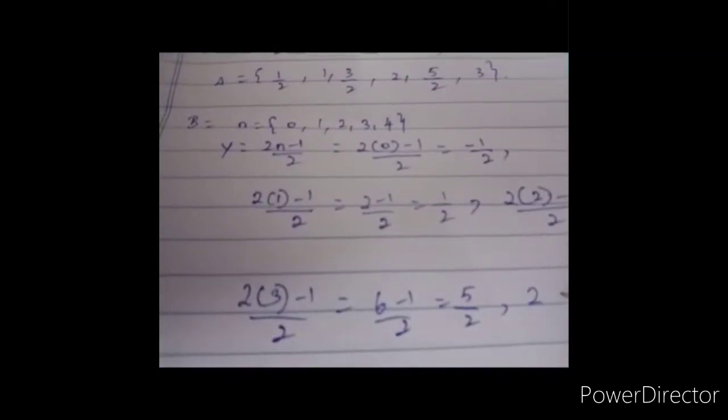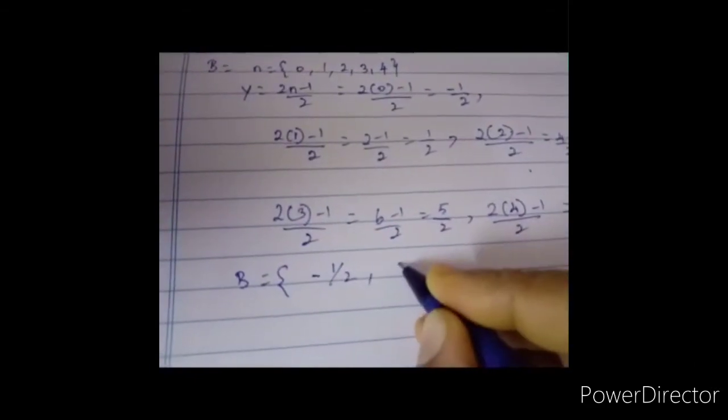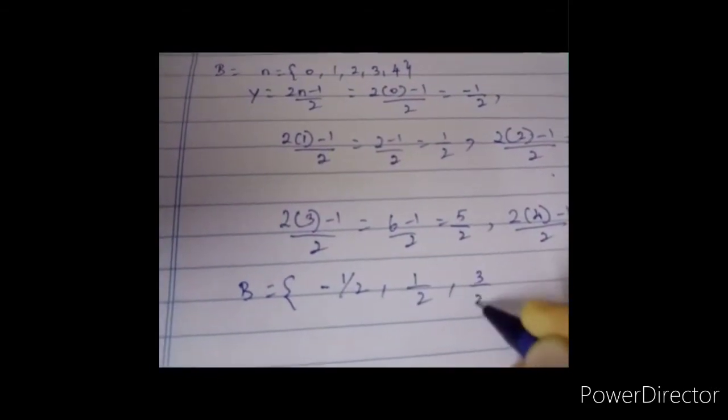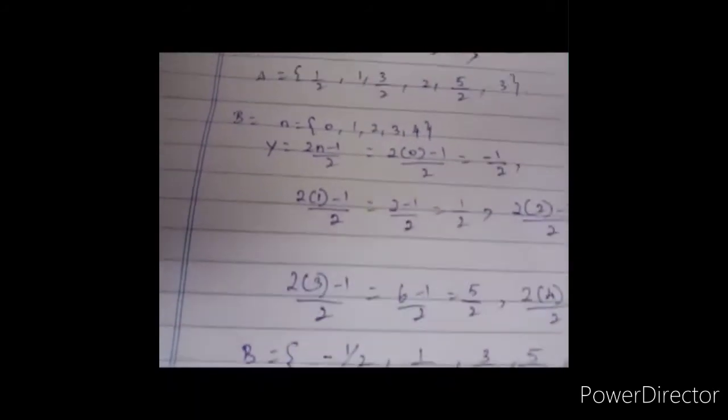And then (2 × 4 - 1)/2. 2 fours are 8, (8 - 1)/2 is equal to 7/2. Therefore, your B is equal to {-1/2, 1/2, 3/2, 5/2, 7/2}.